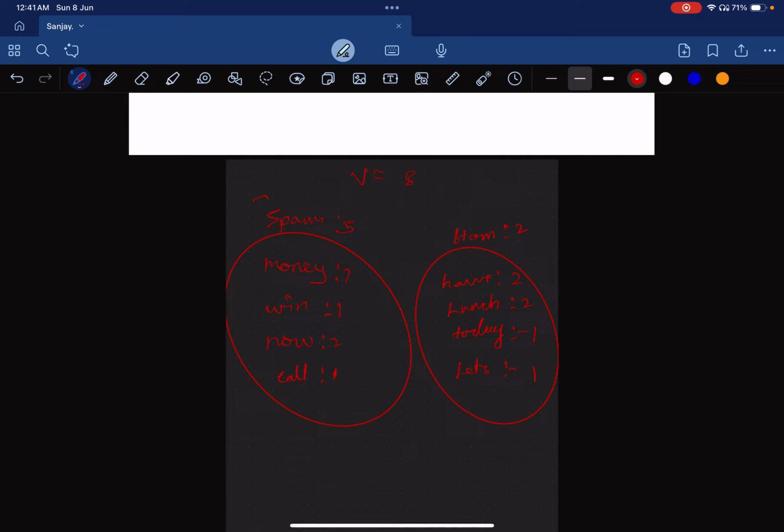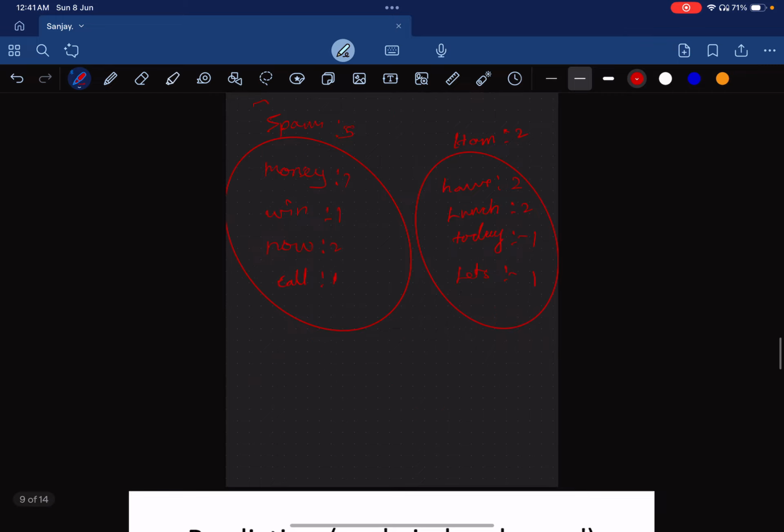After finding this, we need to find the probability of a word like money, if it's present and if it's not present. For example, the probability of money present in the spam class will be, as I told, Bernoulli's formula, P to the power x and Q to the power 1 minus x, right? Here money is present, so we simply put x as 1.